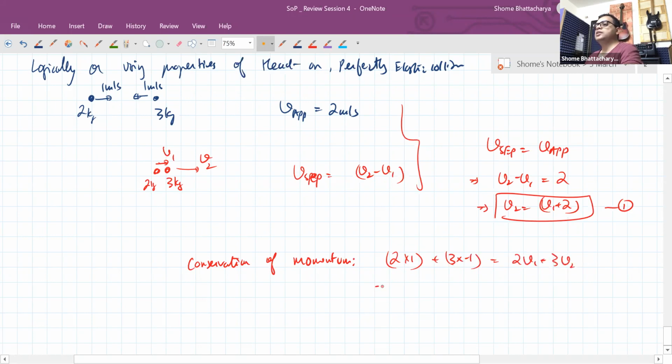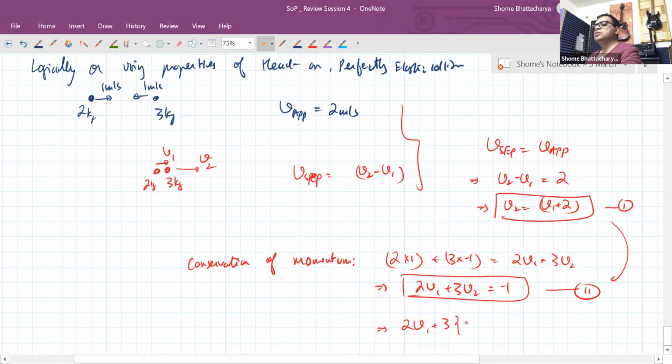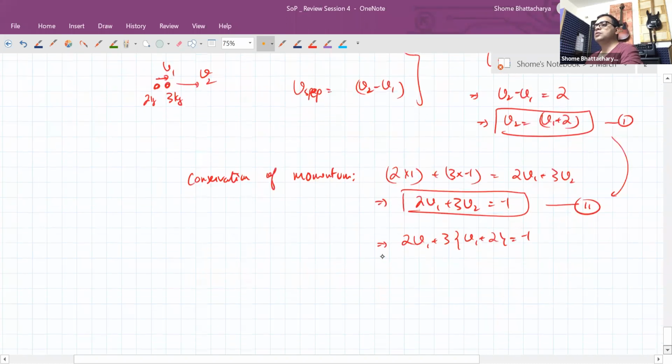So that becomes our second equation: 2v1 plus 3v2 should be equal to minus 1. If we substitute, we get 2v1 plus 3 into v1 plus 2 is equal to minus 1.